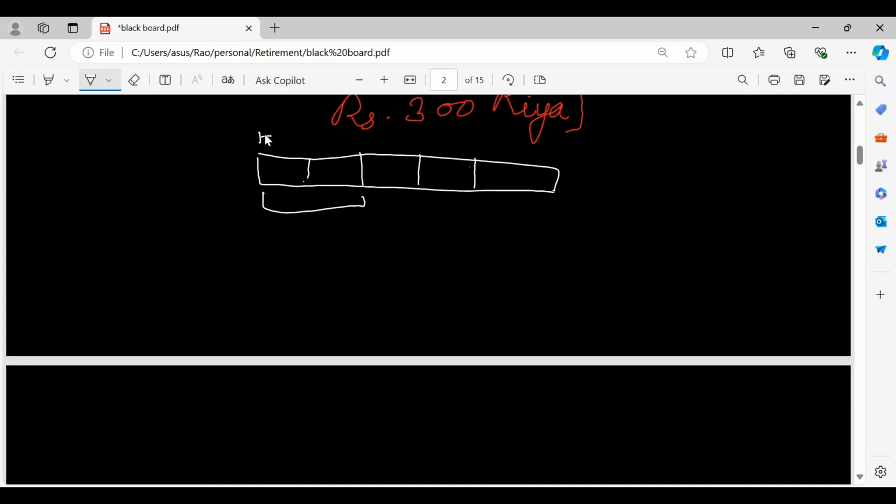This is 500, and that has been divided into five equal parts. So this is one-fifth, this is 1/5, this is 1/5, this is 1/5, and this also is 1/5.